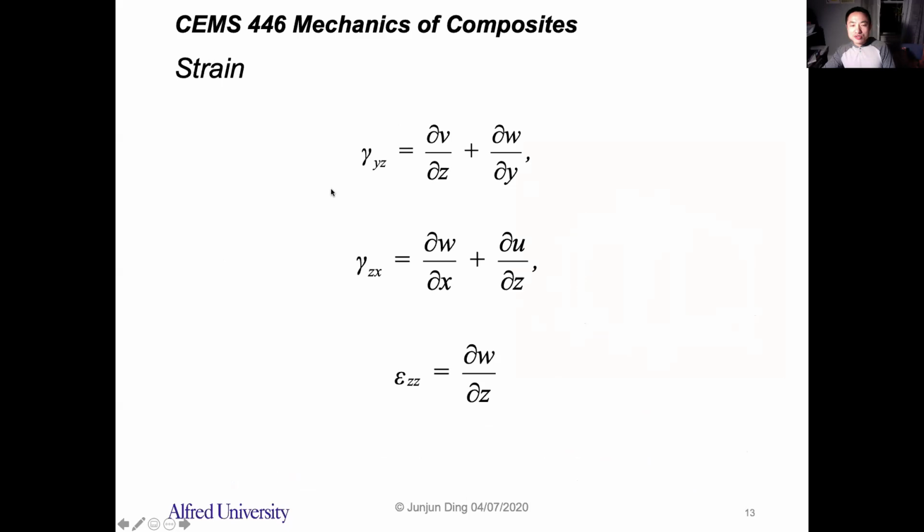You can calculate the shear strain in the YZ, shear strain in the ZX, and normal strain Z, right? In a similar way.